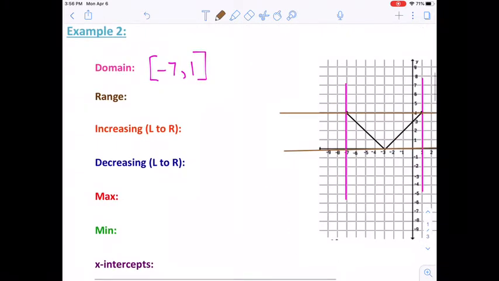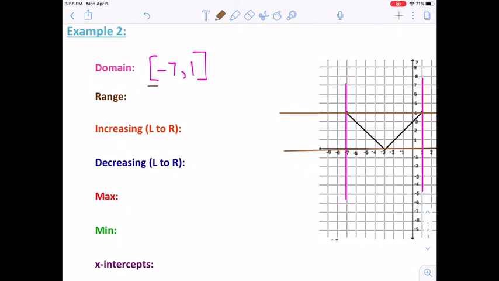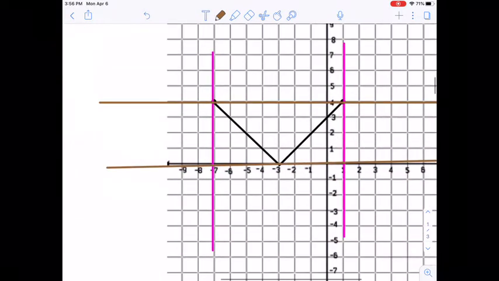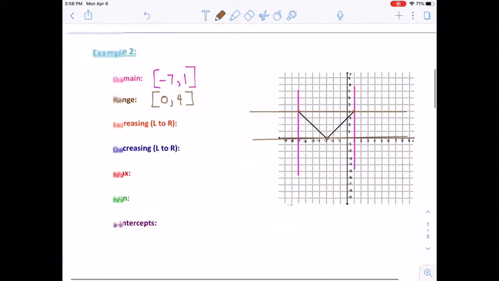It touches the 0, so I'll use the square bracket. It also touches the 4, so I'll use the square bracket. 0 here on the y-axis, 4 in these spots on the y-axis. Bottom to top.